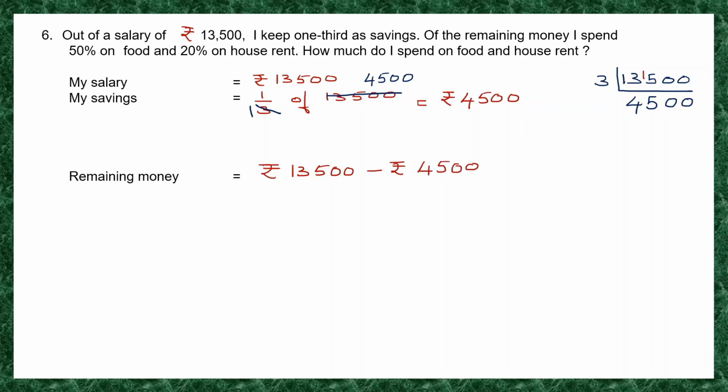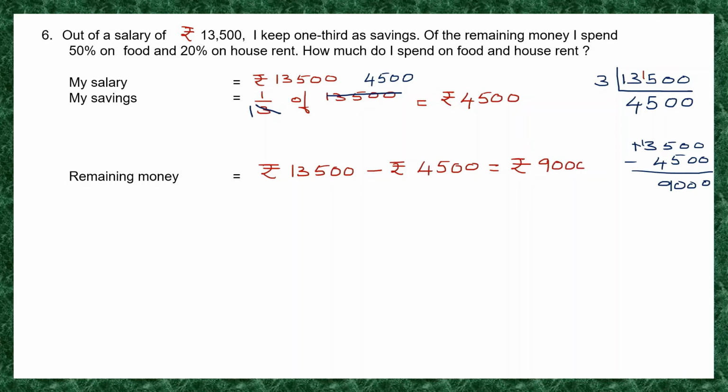So let's subtract. 13,500 minus 4,500. 0, 0, 0 again. 13 minus 4 will be 9. So the remaining amount is 9,000 rupees.